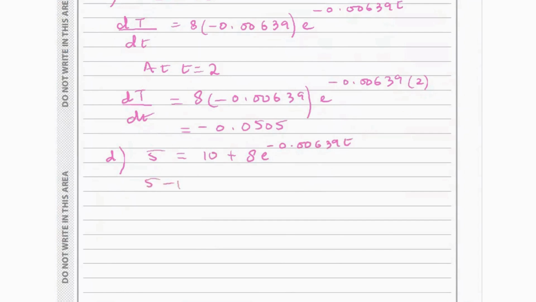So we do 5 minus 10 divided by 8 equals e to the power of negative 0.00639t. So that's going to be negative 5 over 8.